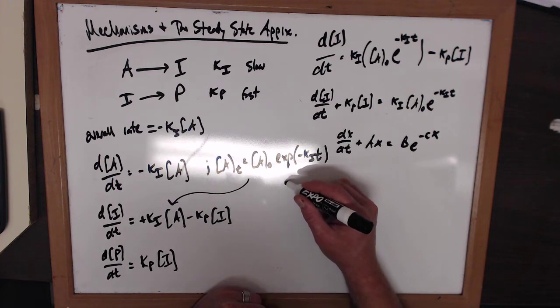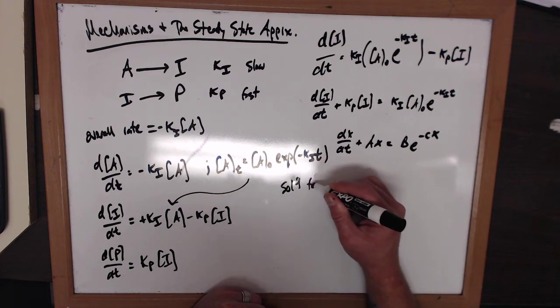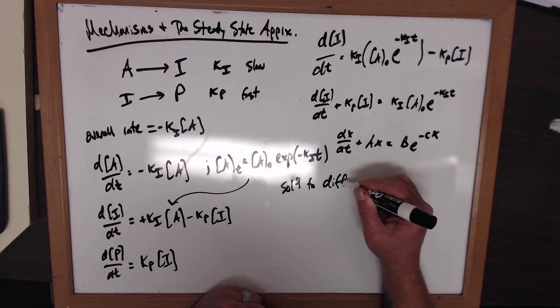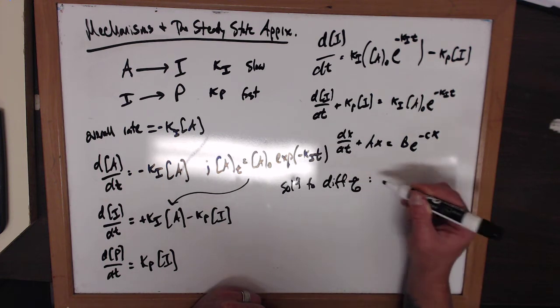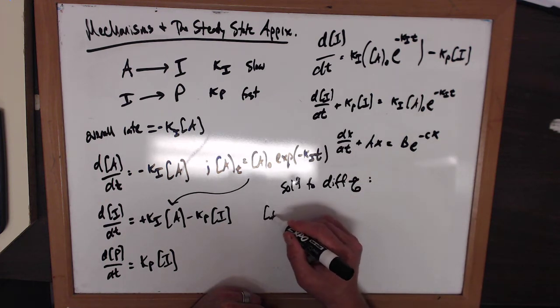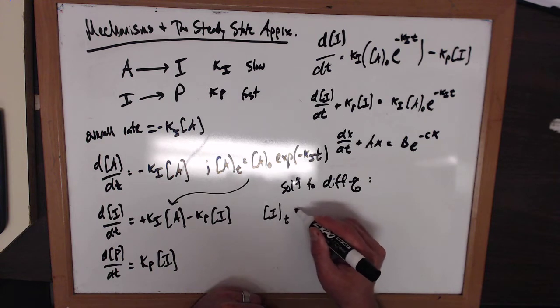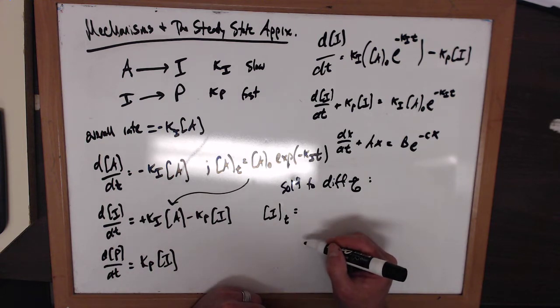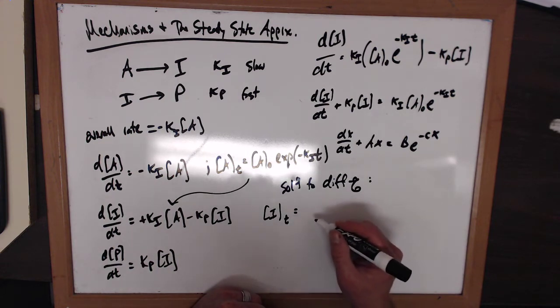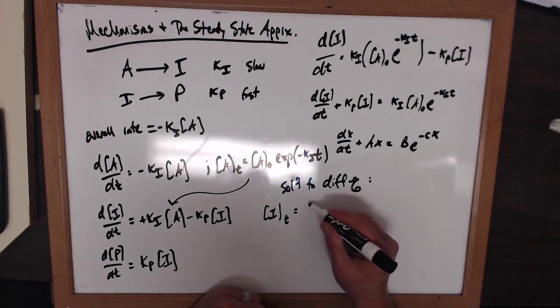Okay, so the solution to the differential equation gives us an expression for just the concentration of I at any time t. And that's a rather complex expression, but we'll write it all out.